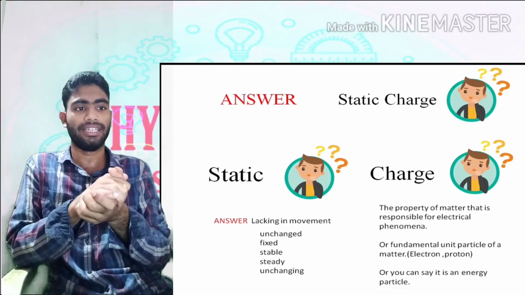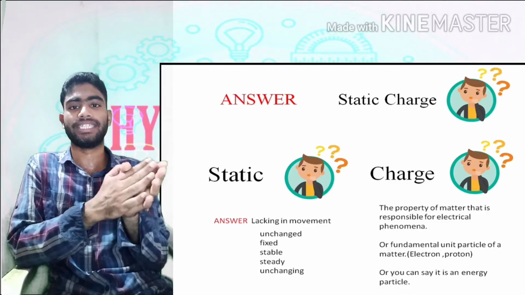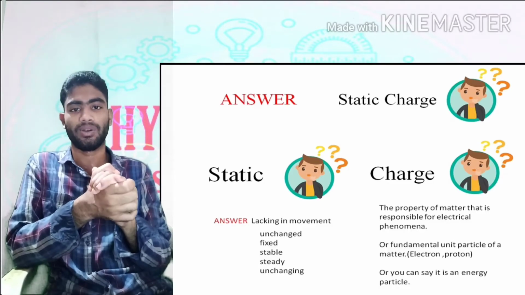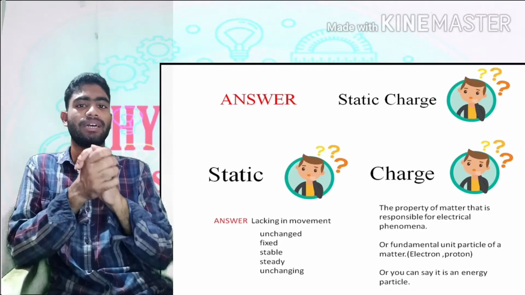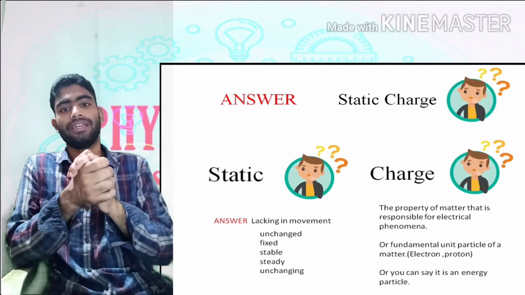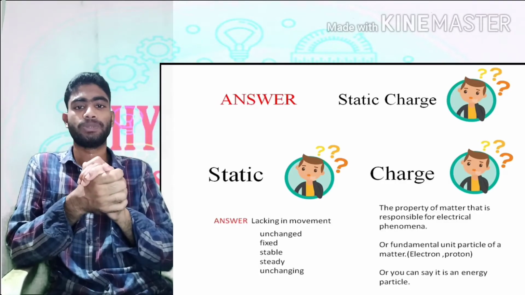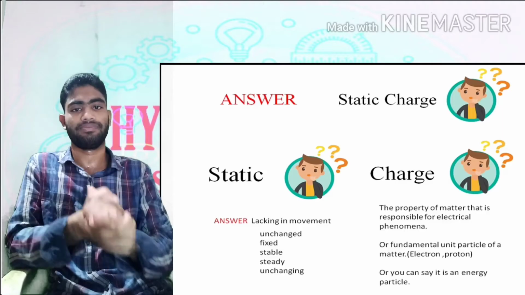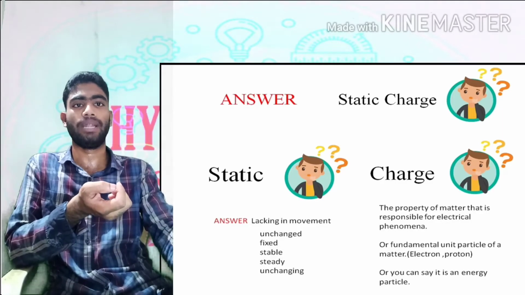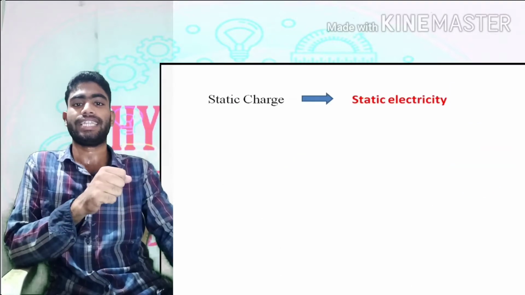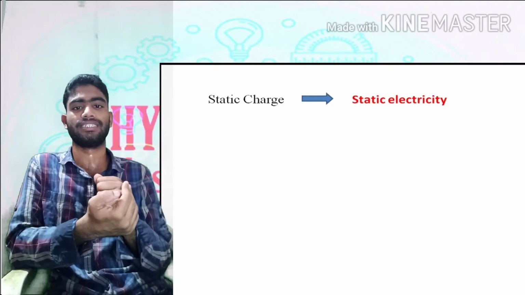Some examples of charged particles of matter are the electron and the proton. Simply, it is the fundamental unit particle of matter, present inside the matter. Then static charge gives static electricity.